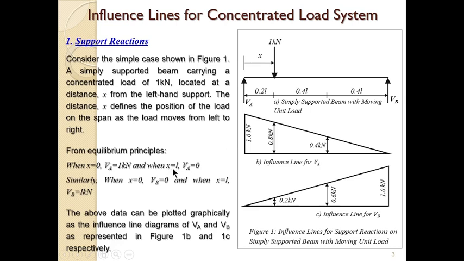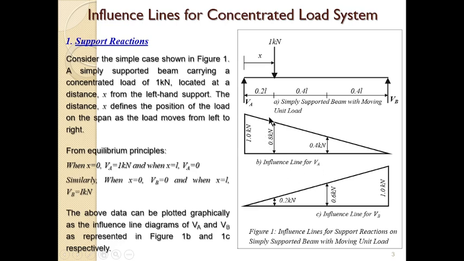When X was equal to L, that means at this point, VA was 0. So we now plot the graph of those points. 1 here, 0 here. We just join them together and we have a graph. And this graph is the influence line for VA, that is the influence line for reaction at A.